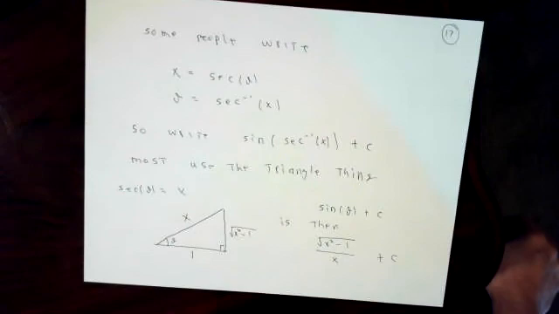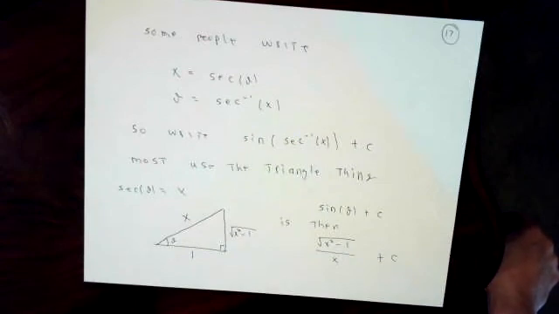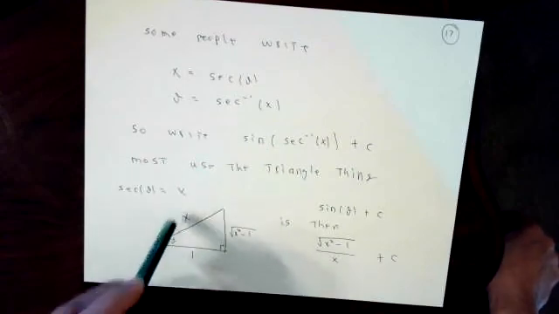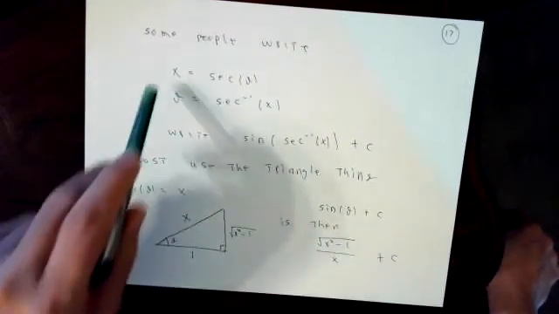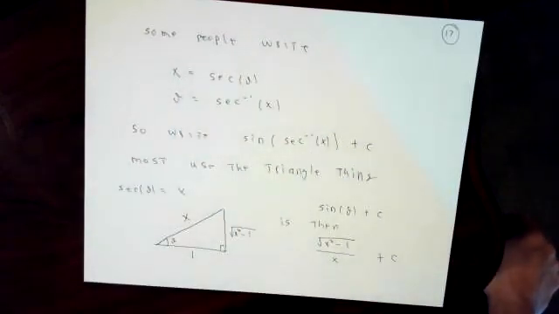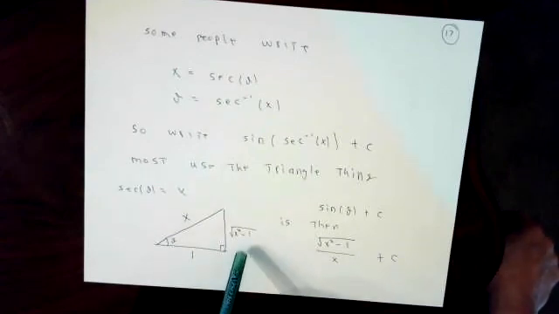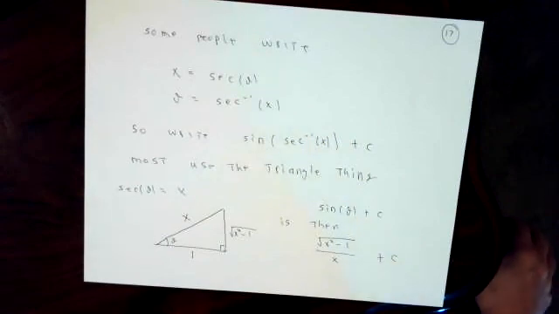If I want the cosine, I would have 1 over x. If I want the secant, I would have x over 1, and that's our substitution that we used. Then I can use the Pythagorean theorem to figure this distance out, and I can calculate any trig function of theta that I care to now.